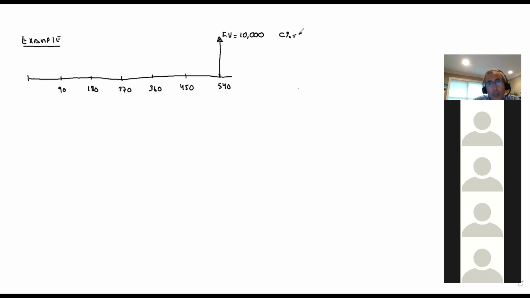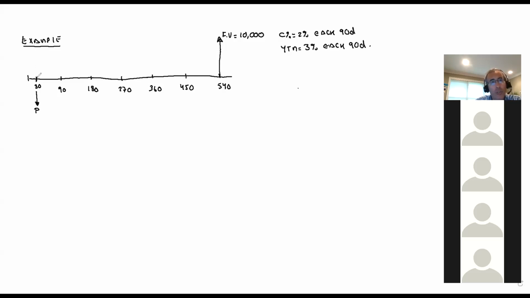Coupon rate, let's say 2% per term. Okay, and then you buy the bond here. So guys, I want you to find P.